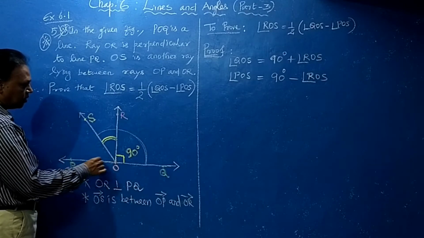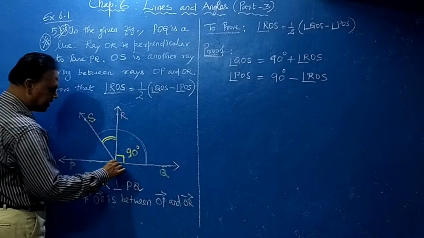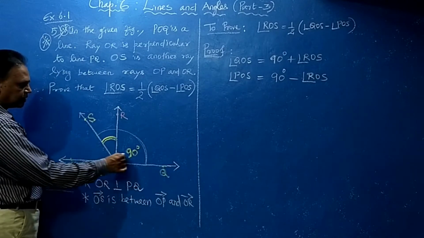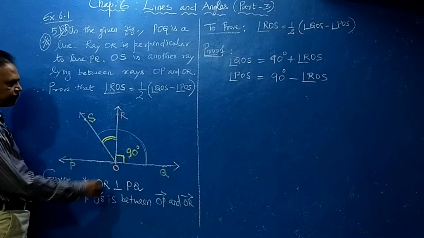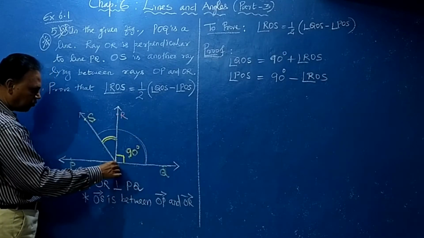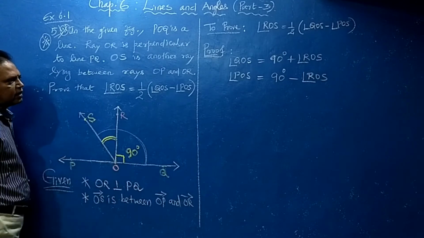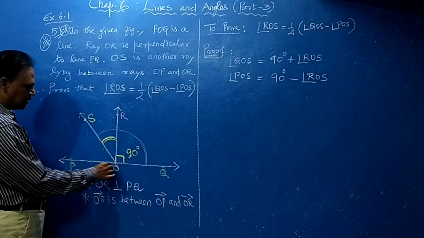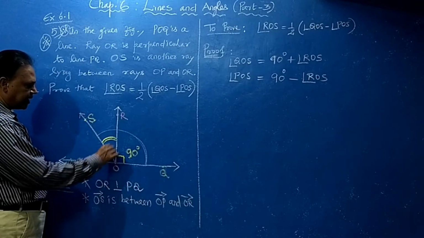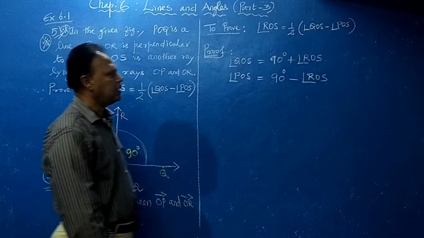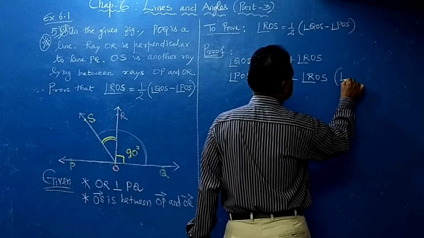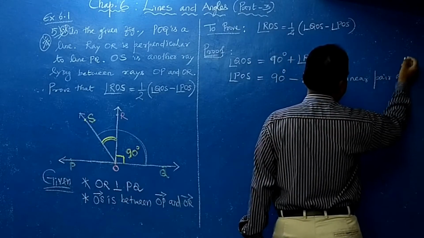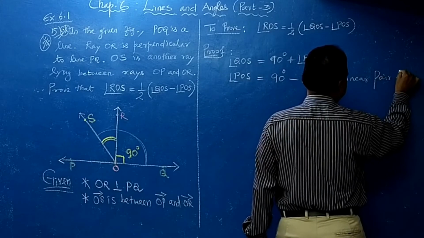This is a straight line. ROQ is 90 means ROP is also 90 degree. 90 plus 90 is 180. That's why POS is full 90 minus ROS. The reason is the linear pair axiom.